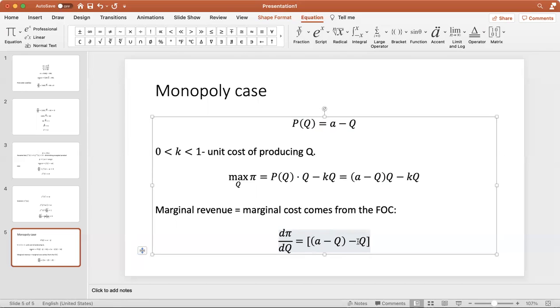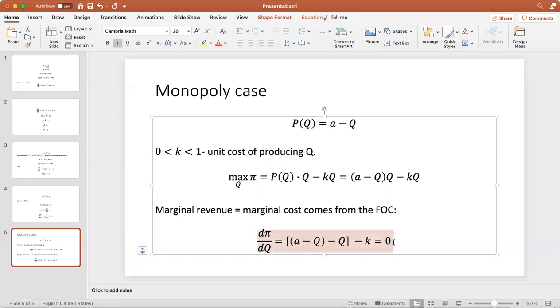So this bracket term is basically your marginal revenue. And this is your marginal cost. This is your total cost function. You take the derivative of the cost function with respect to Q, and you just end up with the small k equals 0. Let me copy this entire expression.